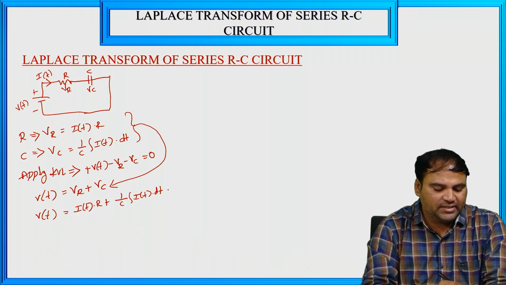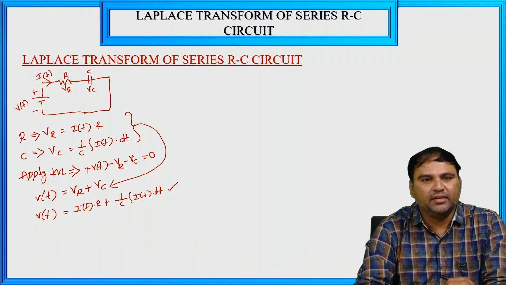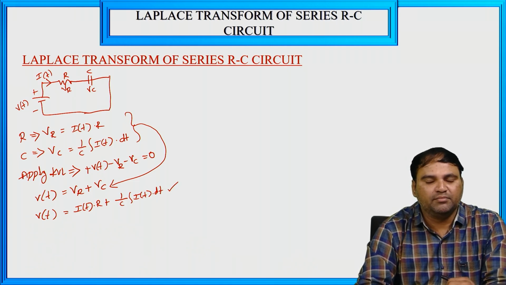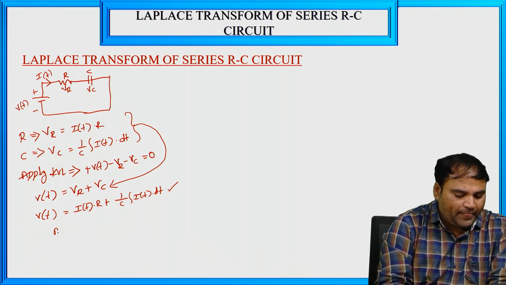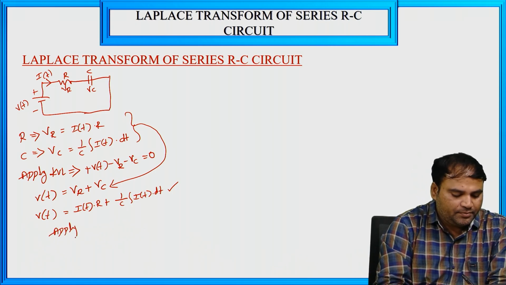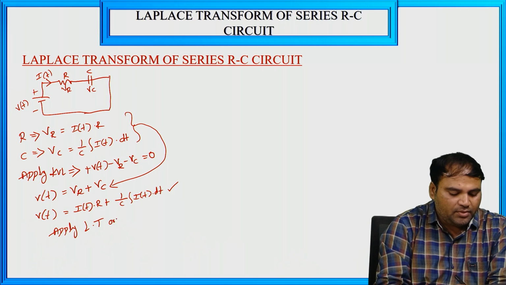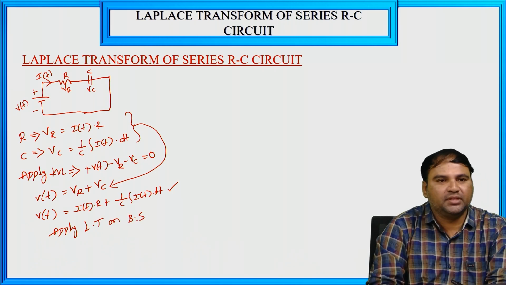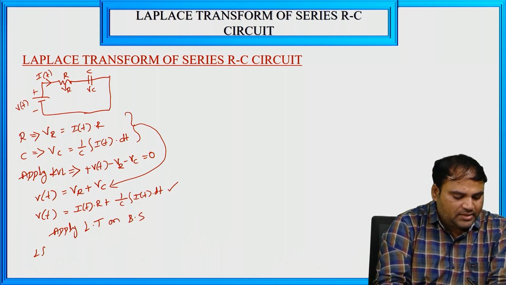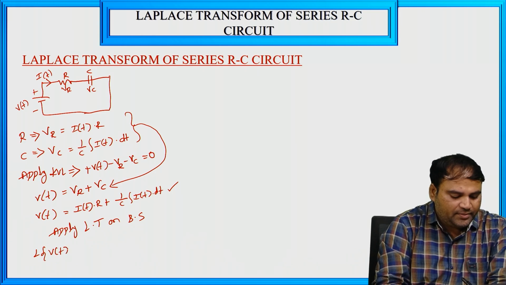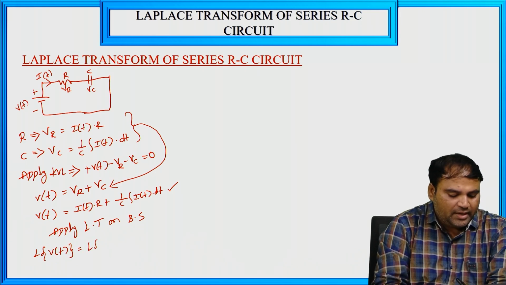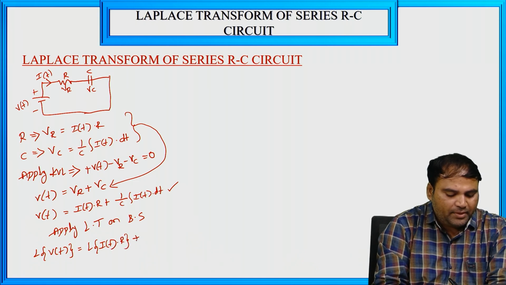Now for this equation we need to apply the Laplace transform on both sides. So the Laplace transform of V of t equals the Laplace transform of I of t into R plus the Laplace transform of 1 by C integral of I of t dt.